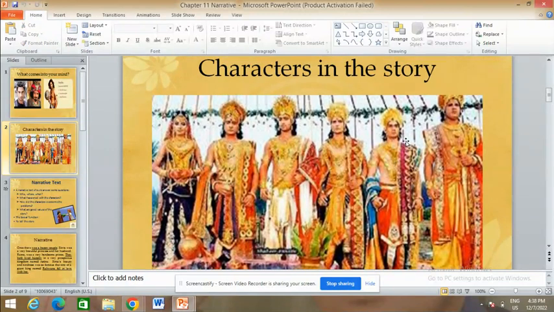Yes, this story is about the Mahabharata. That is my favorite story actually. These are the characters in the story. They are Yudhishthira, Arjuna, Nakula, Sadewa, and Bhima, and also their wives. She is Drupadi.